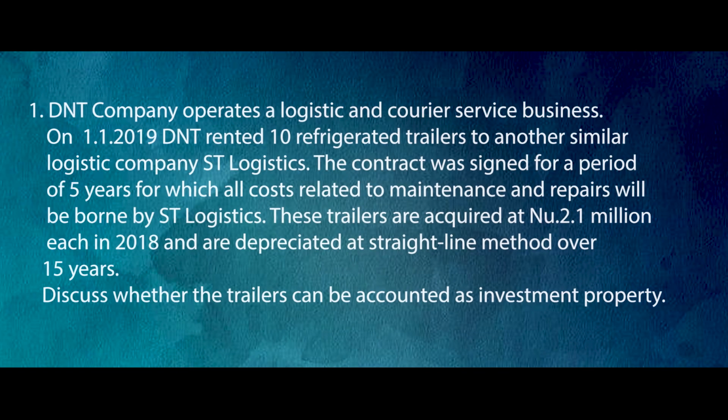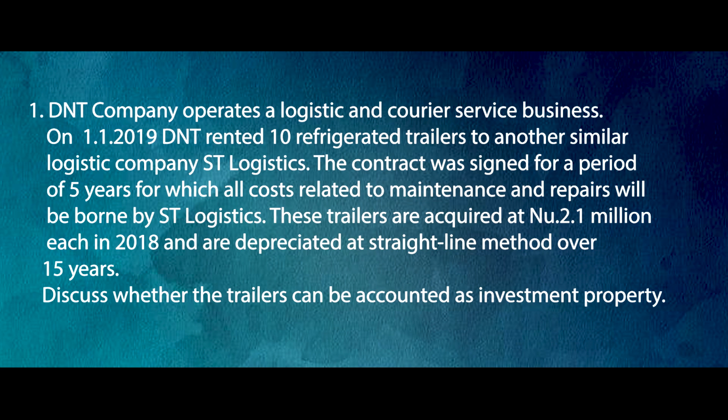I have got 3 learning activities for you all. The first learning activity is: D&T Company operates a logistic and courier service business. On 1/1/2019, D&T rented 10 refrigerated trailers to another similar logistic company, ST Logistics.